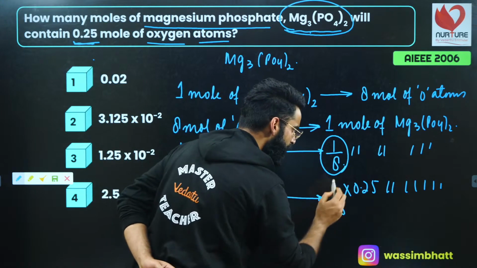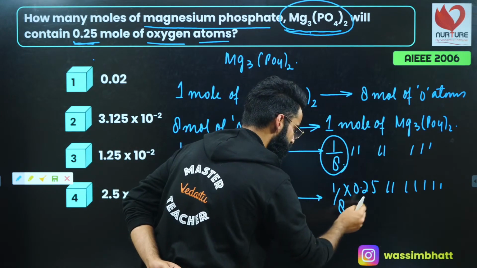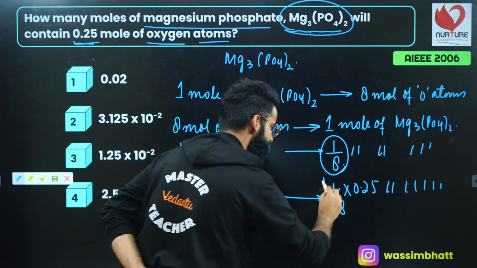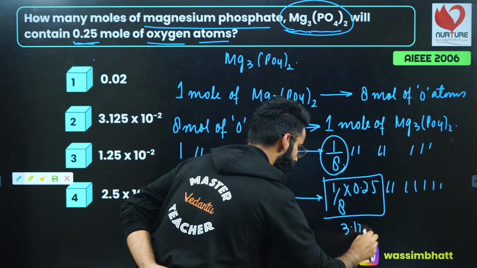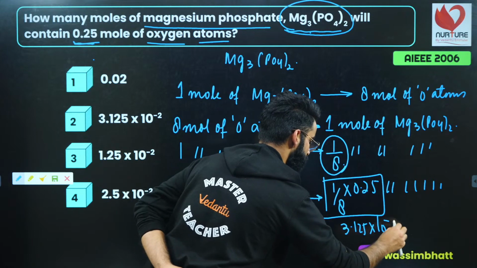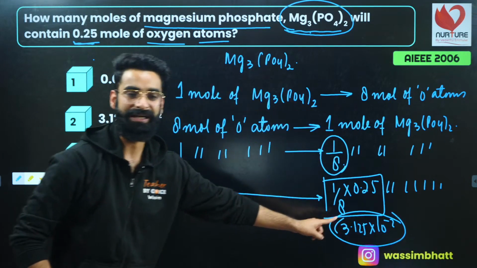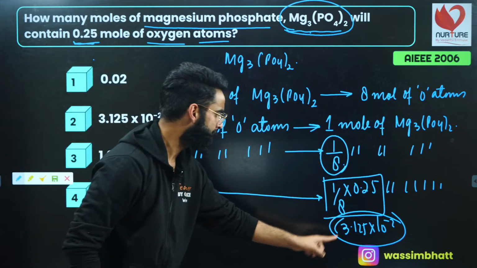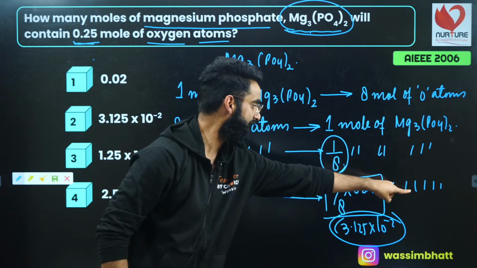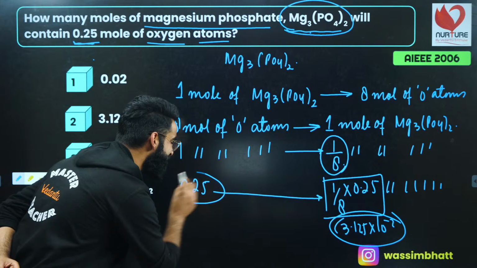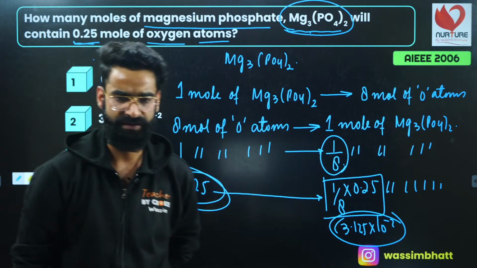So this 0.25 is basically 1 by 4. When you solve this, you get the value as 3.125 into 10 raised to the power minus 2. What does it mean? It simply means 3.125 into 10 raised to the power minus 2 moles of magnesium phosphate will contain 0.25 moles of oxygen atoms.